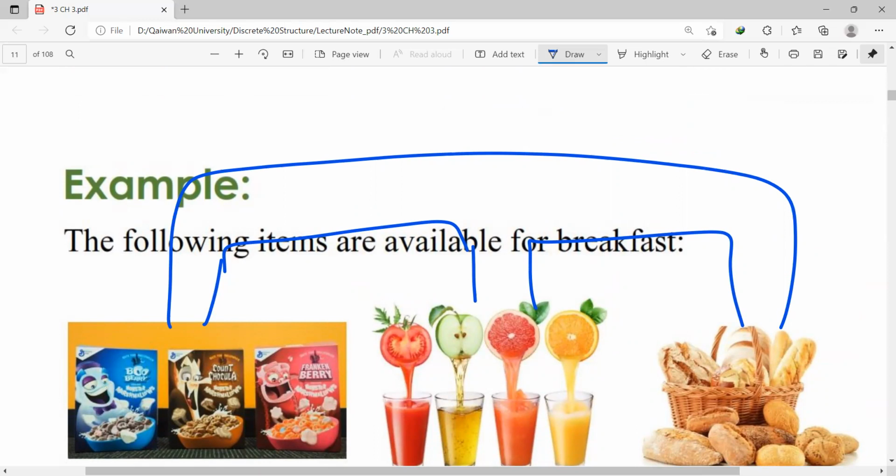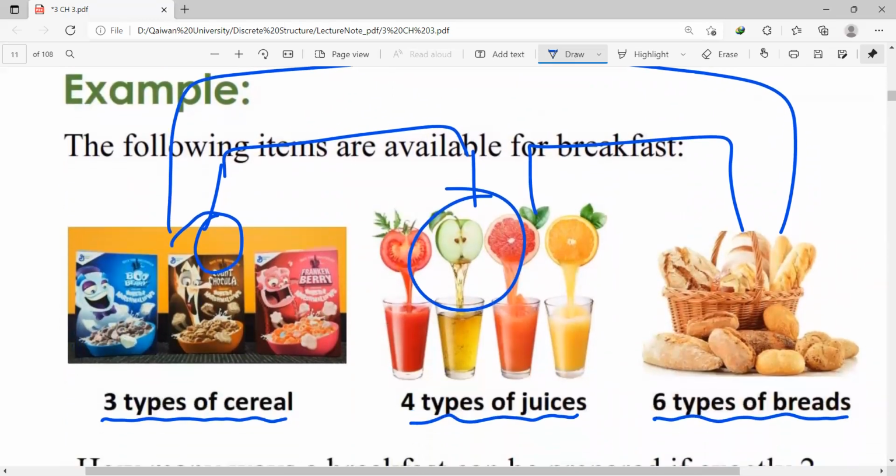Okay? Here, if we pick an item here, and if we pick an item from the juices, what do we get? Here we have 3 types. To pick an item from the cereal, we have 3 ways, because here we have 3 types of cereal.